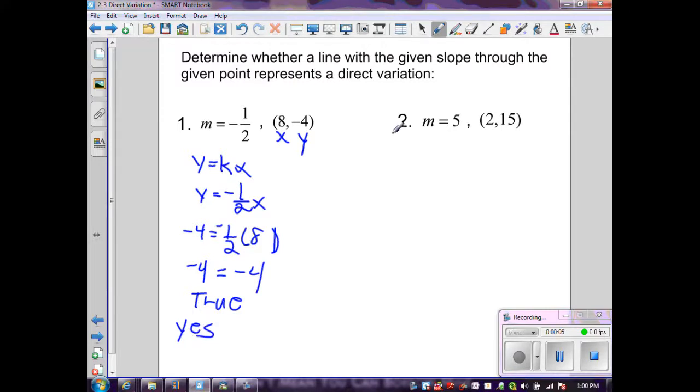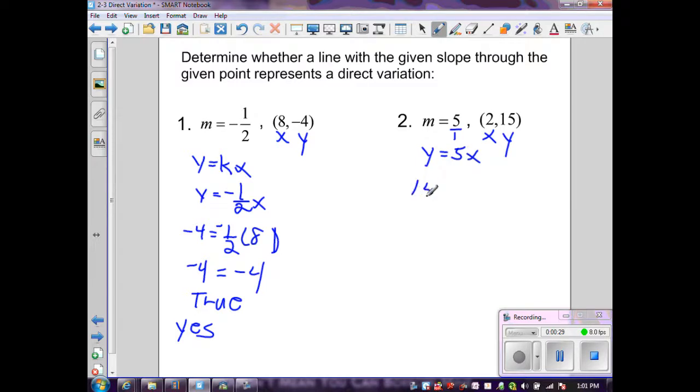Our next example is m equals 5 and our ordered pair is 2, 15. Again, we want to create an equation. We know that this is k, it's 5 over 1, so y equals 5 over 1 or just 5x. And this is our equation for a line, and we want to determine if this point will fall on that line. All we have to do is substitute our x and y value and determine if our equal sign is true.